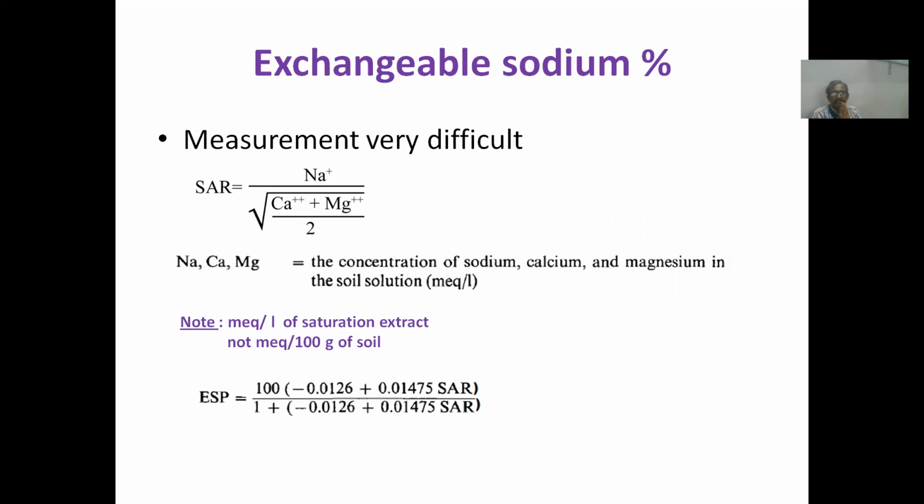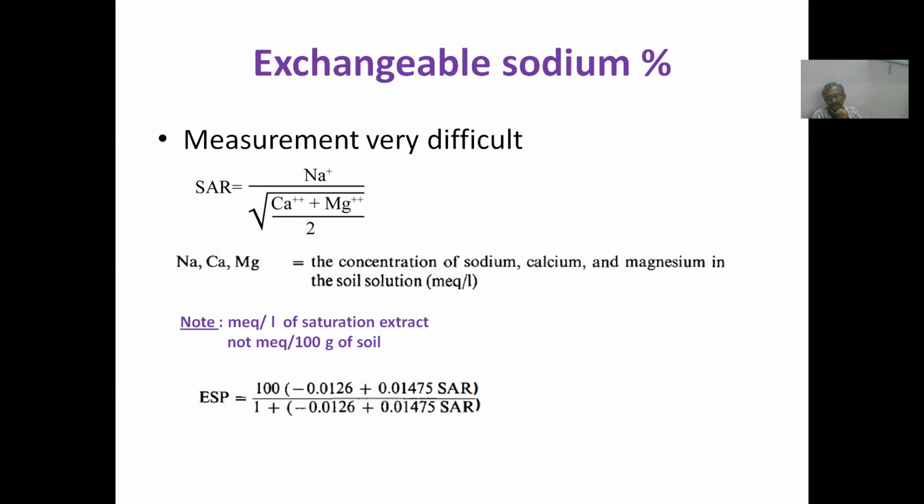Actually, measuring the exchangeable sodium percentage is very difficult. So scientists found simplified ways of finding it, and for that another parameter called sodium adsorption ratio is found out. Sodium adsorption ratio uses the sodium concentration expressed in milli-equivalents per liter of soil solution.